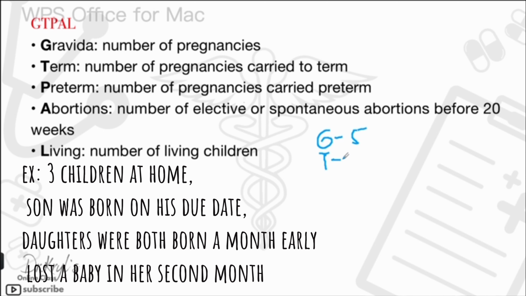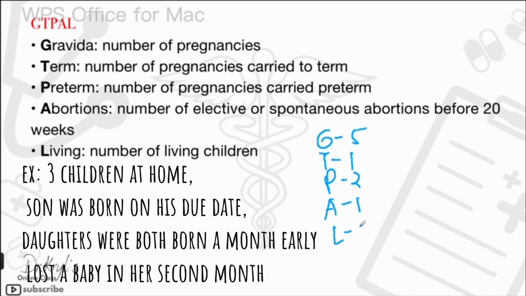T, the term, is 1. Why? Because her son was born on his due date. And the others were preterm, so preterm is 2, as her daughters were each born a month earlier. Then A, abortion, is 1. Why? She lost a pregnancy at approximately 8 weeks.